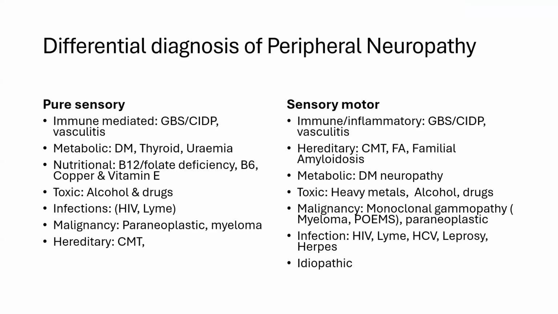Otherwise, that's a pass. For sensory predominant polyneuropathy, the differentials again are immune, metabolic, nutritional, toxic, infections. You go to town with it.